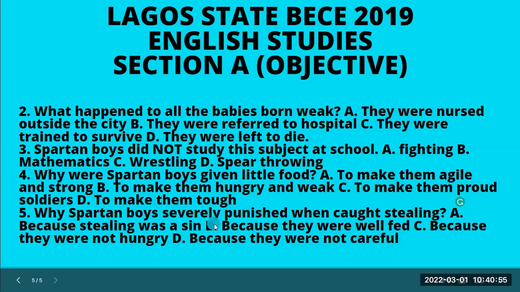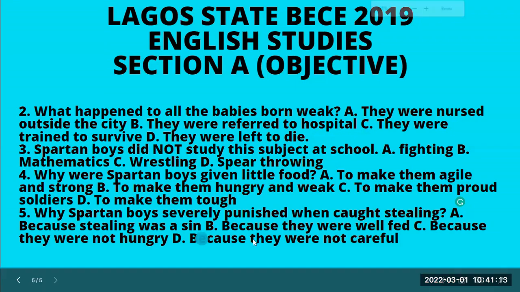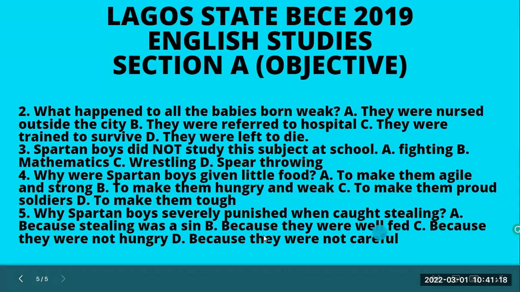We are told not to just settle for an answer because it is ethically or morally correct, or it corresponds to our background knowledge. No, we are going to look for evidence in the passage. B, because they were well fed, well, we will find out. C, because they were not hungry. D, because they were not careful.